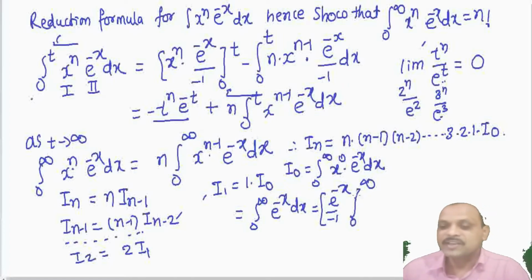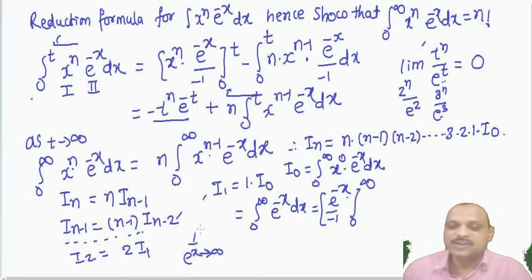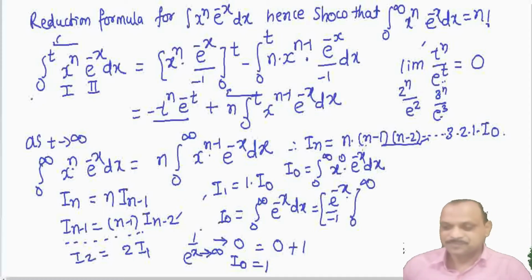At infinity, this is 1 divided by e raised to x, with x tending to infinity. This becomes smaller and tends to 0 as x tends to infinity. So the upper limit is 0, minus minus plus, and e raised to 0 is 1. So therefore we get I0 is equal to 1.